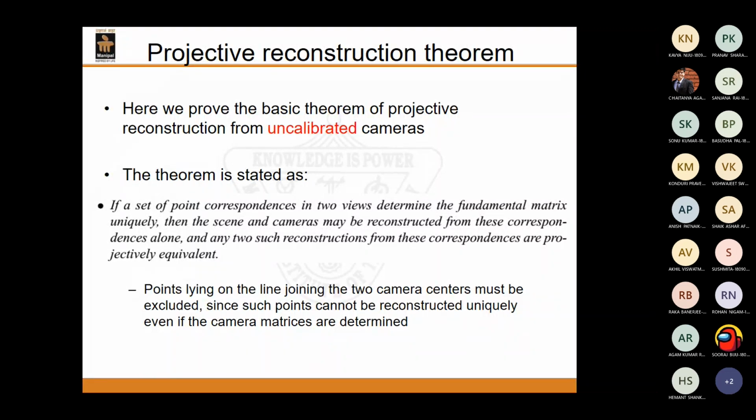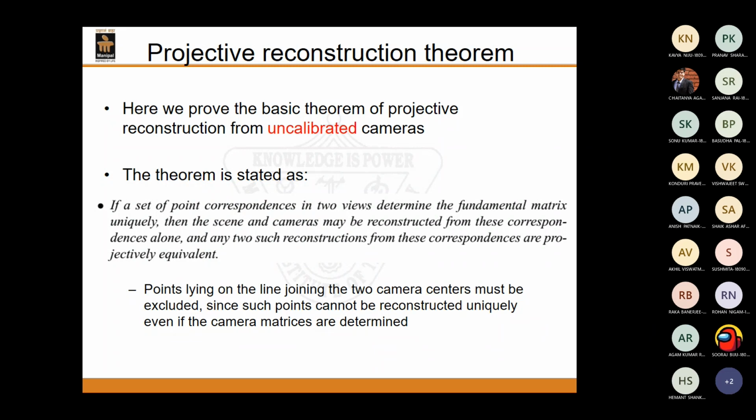Now what we were discussing earlier was that when we are trying to reconstruct using uncalibrated cameras, the type of reconstruction that we get is projective reconstruction. The kind of transformation which exists between the actual scene and the reconstructed scene would be a projective transformation.